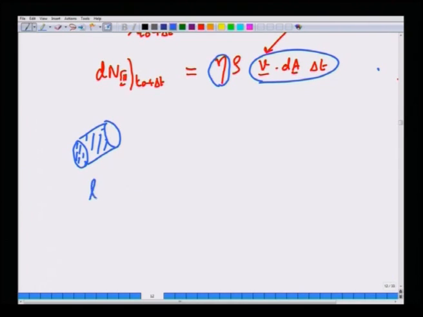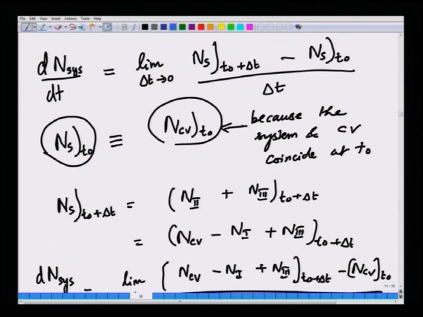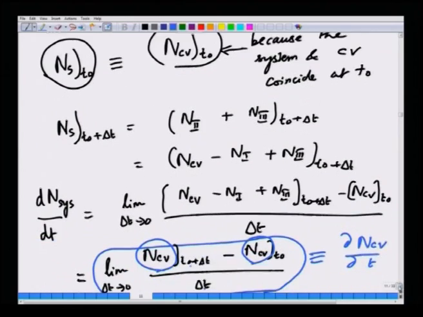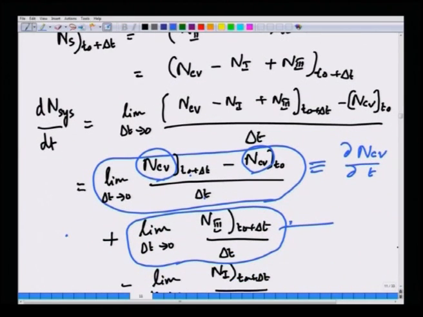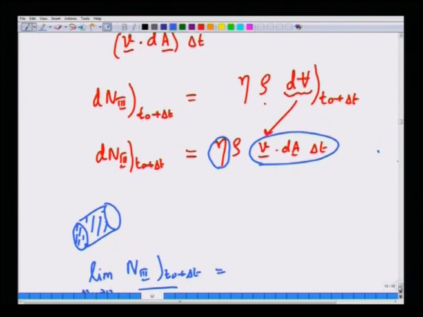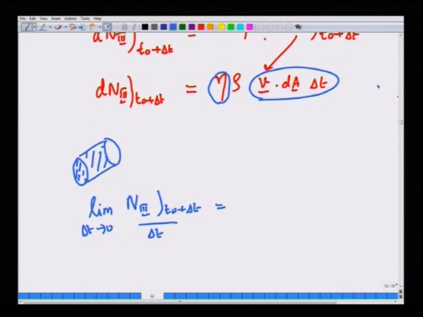Now, we are interested in, if you remember, the quantity limit delta t going to 0 of N3 at T0 plus delta t divided by delta t, that is the quantity that appeared as one of the terms. If you remember the previous slide, you had this term. So, we are now trying to simplify this term. So, what is that term?